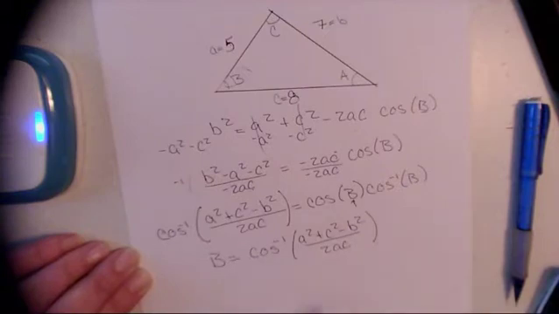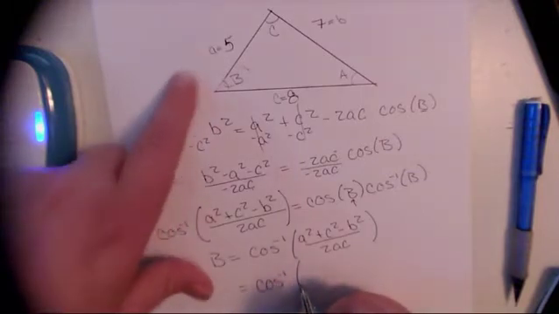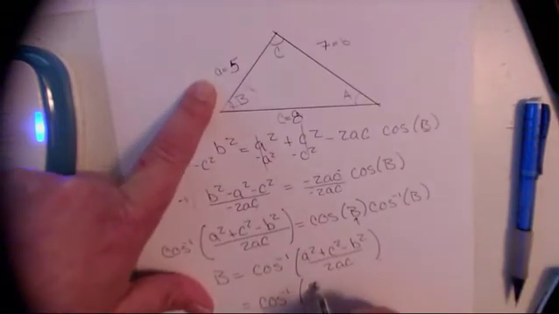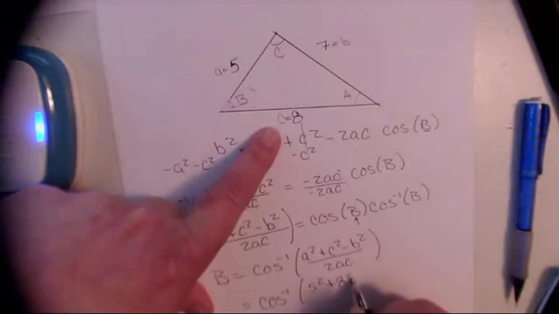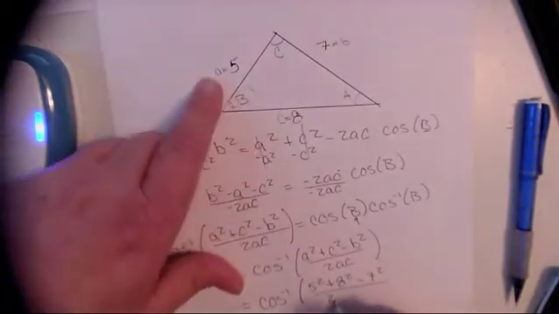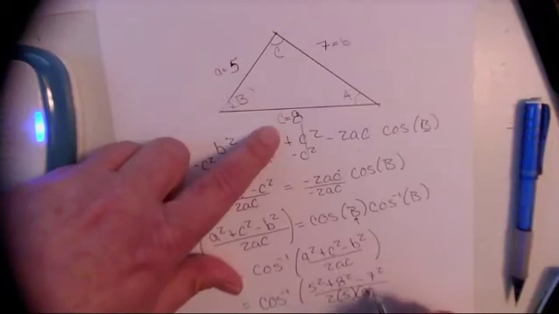Cool. Let's go ahead and put our numbers in now. B equals arc cosine, and because I've labeled things, it'll be easy for me to keep track. So a is 5 squared, and c is 8 squared, minus b is 7 squared, divided by 2 times 5 is my a, and my c is my 8.